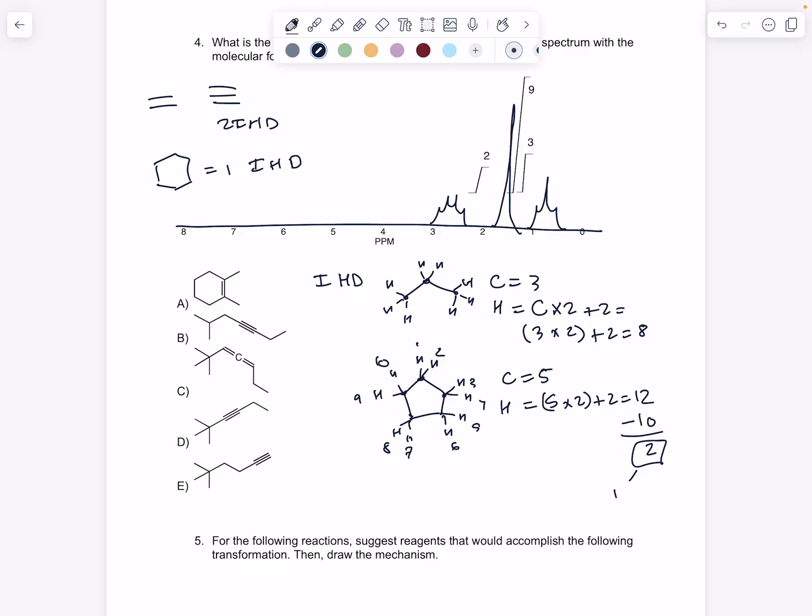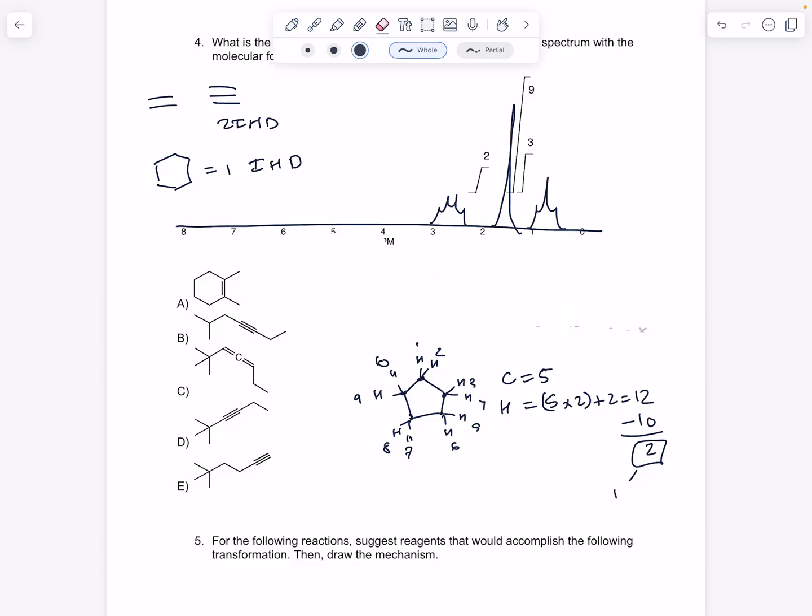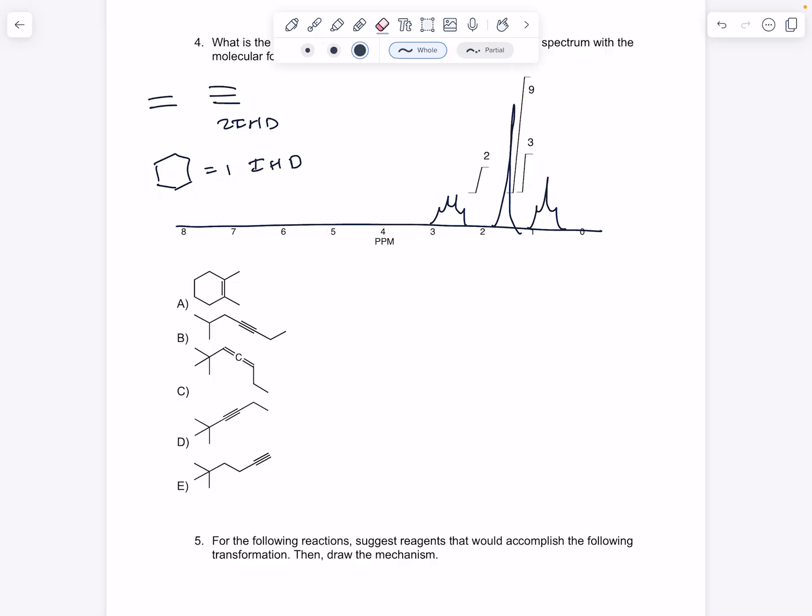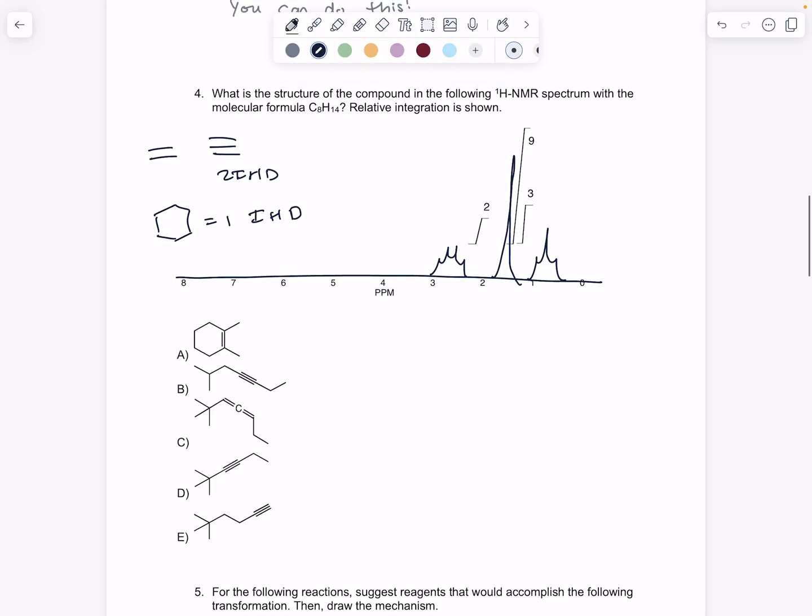I just wasn't taught to use this first, but it is a really good tool. And I think you were supposed to have learned this in your OChem lab class already. And so if you did, that can be something that helps you. One of your classmates told me they always use that approach, and I was like, oh yeah, that's a really good one. So if we did that approach here, still the first thing I look for is significant peaks. Do we have any significant peaks?